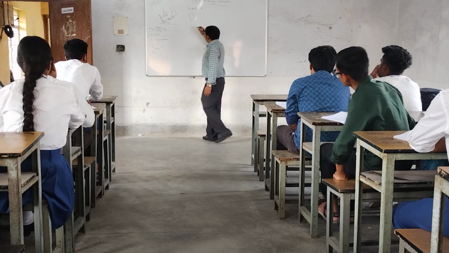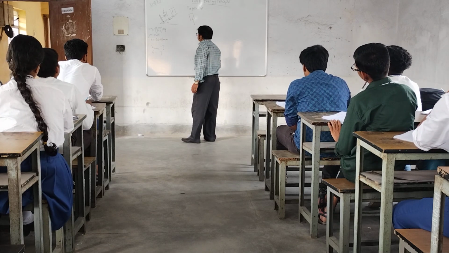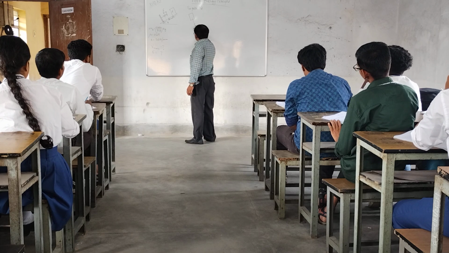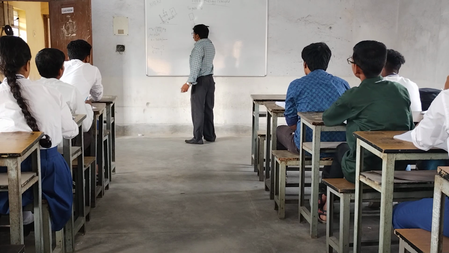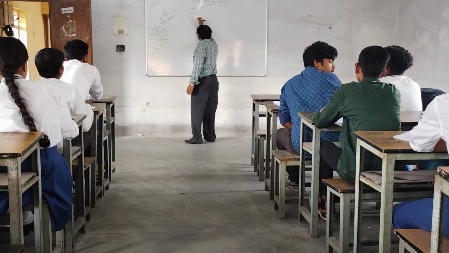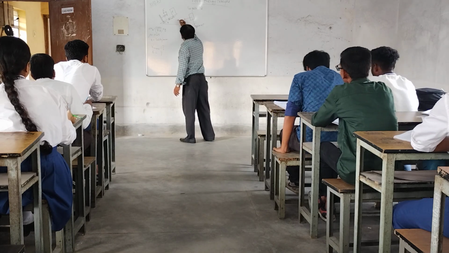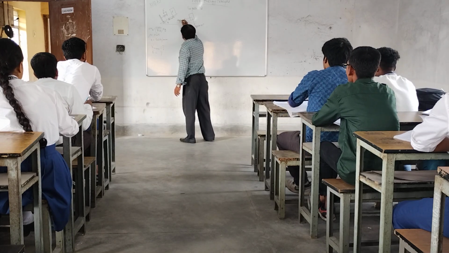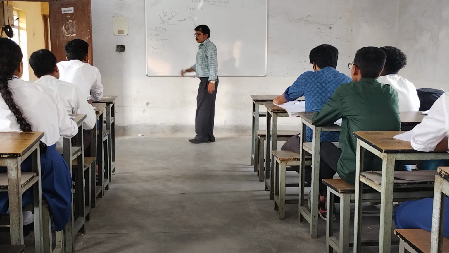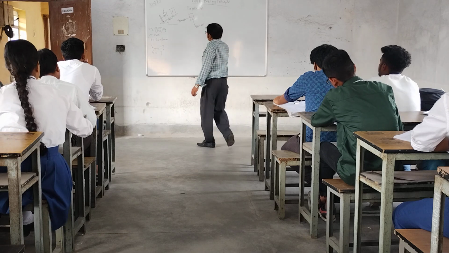Here we have M_A g cos 45 degrees, and here M_A g sin 45. M_A g means how much? 5,000.